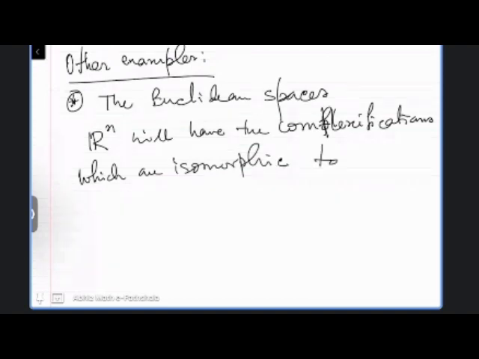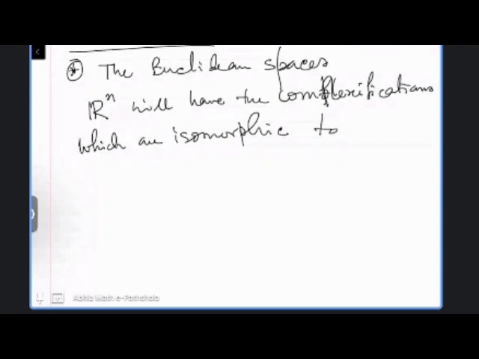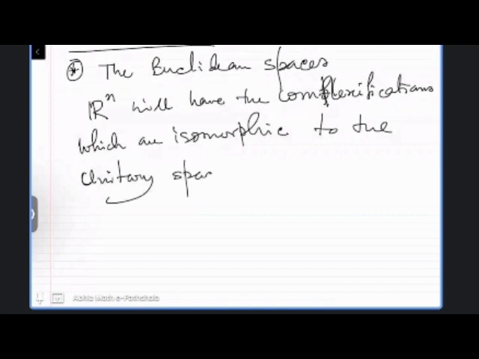If the complexification of R is isomorphic to the complex vector space C, then the complexification of R^n will be isomorphic to the complex vector space C^n, the unitary spaces, right?